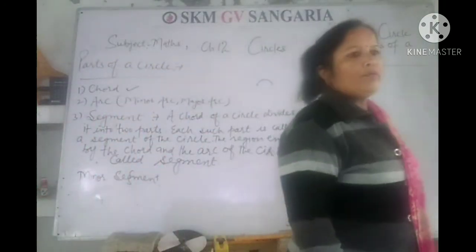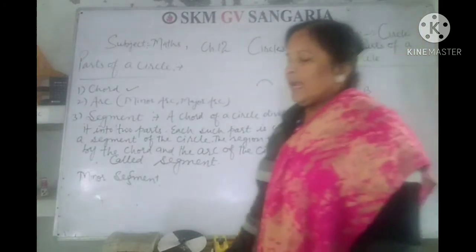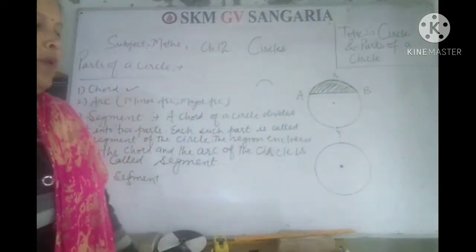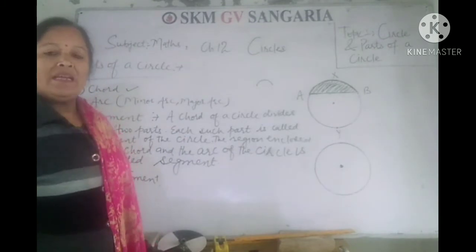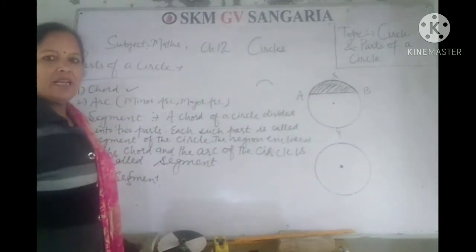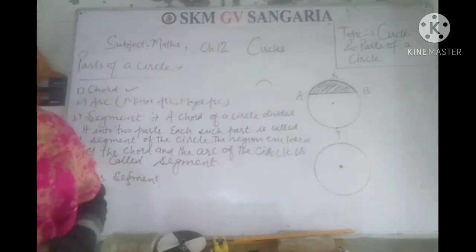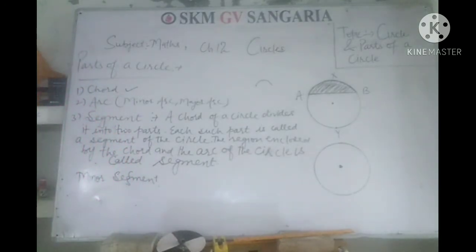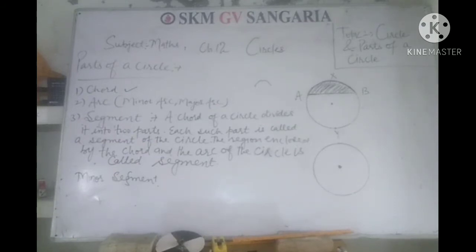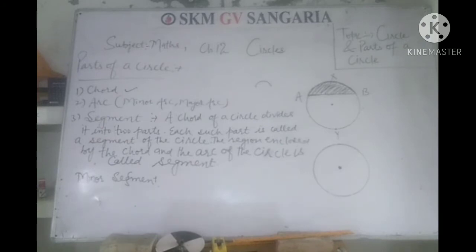A segment of the circle can be named in two ways: minor segment and major segment, like the minor arc and major arc we have learned about.